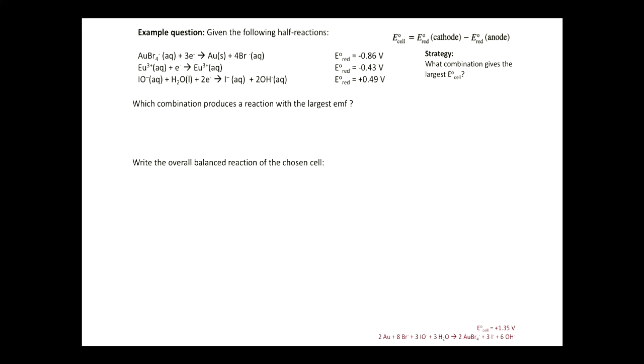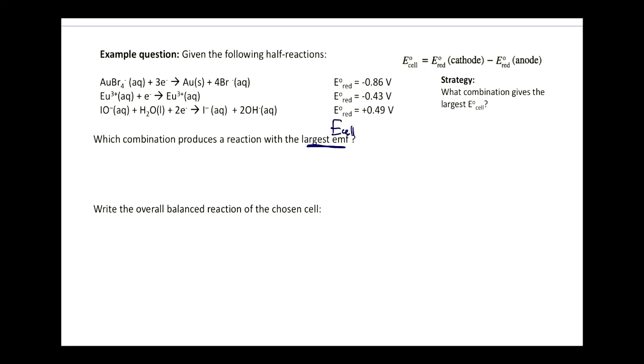Let's look at these 3 half reactions and determine what combination gives us the largest cell potential. EMF just means E cell. Which combination gives us the largest bang for our buck here? The equation we want to use is that the overall cell potential is cathode minus anode. So in order to get the most positive cell potential, you want a very positive cathode and a very negative anode.